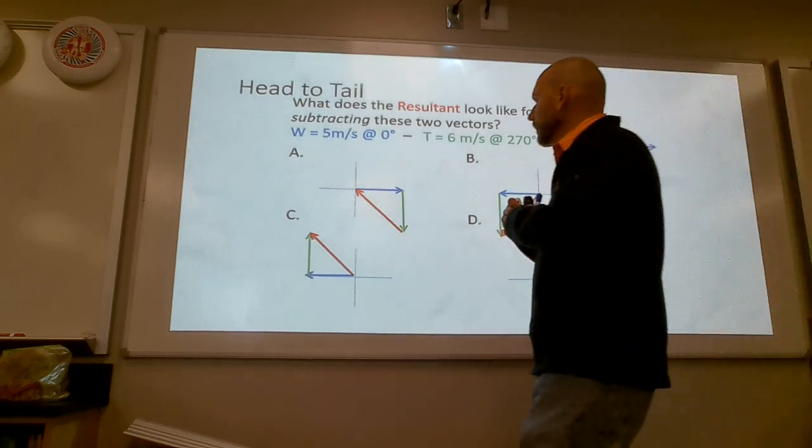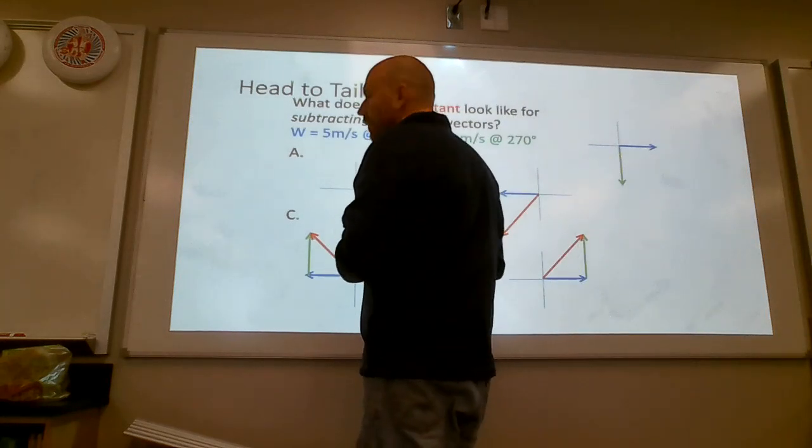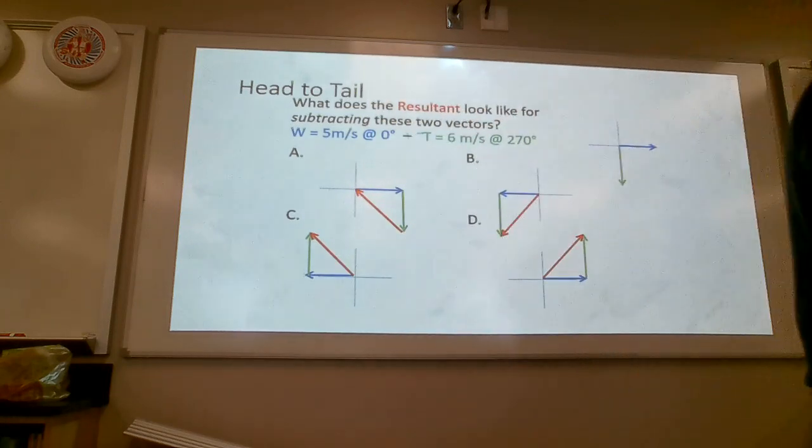T, the green. What happens when you make something negative, a vector negative? Flips it. Talk to your neighbor. No, 270 is down.